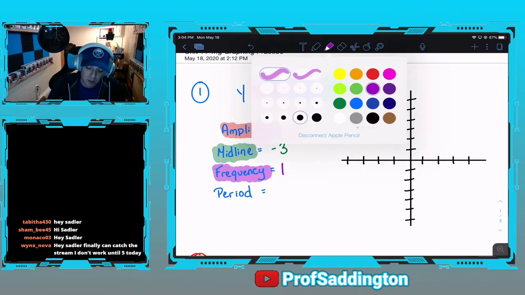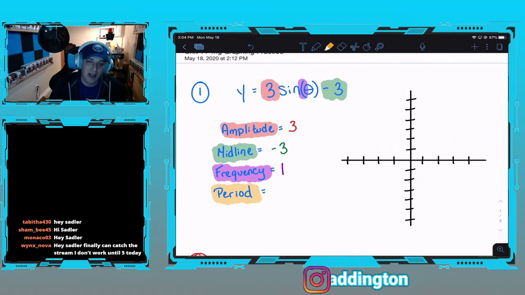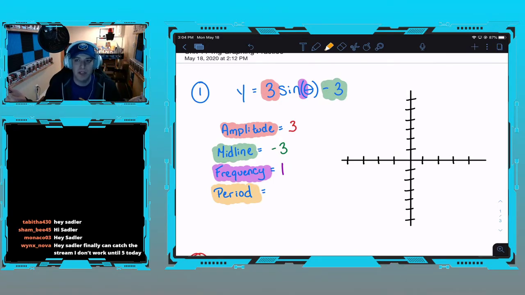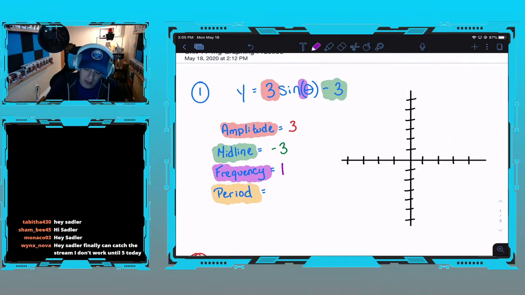And the last part technically is something that you guys are supposed to have memorized, and I'm only saying that because you don't have to have it memorized for this year, is the period formula. And the period formula we went over in the last lesson is represented by p equals 2 pi over b.